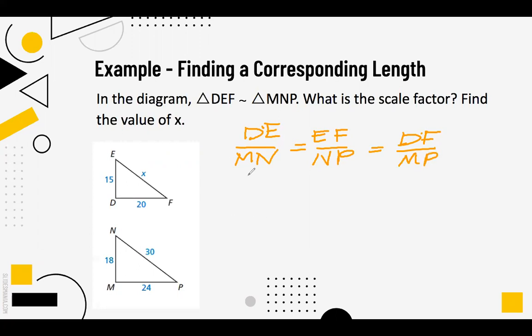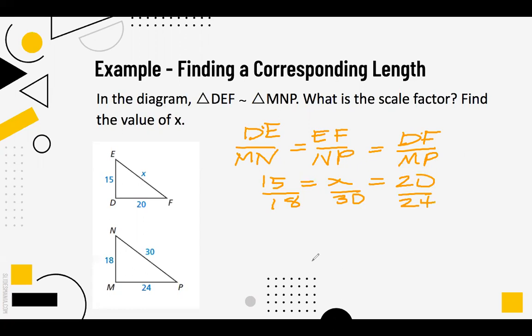Then I'm going to set this up. DE is 15, EF is X, DF is 20, and then MN is 18, NP is 30, and MP is 24.